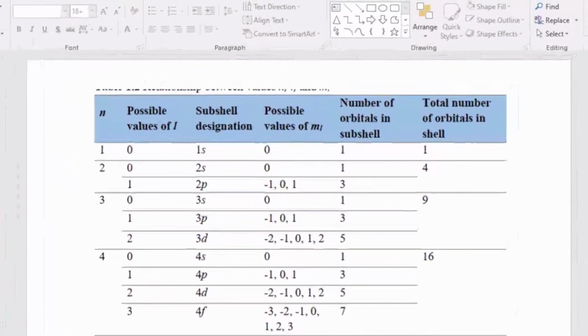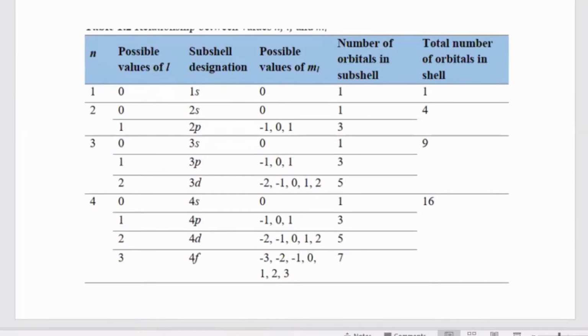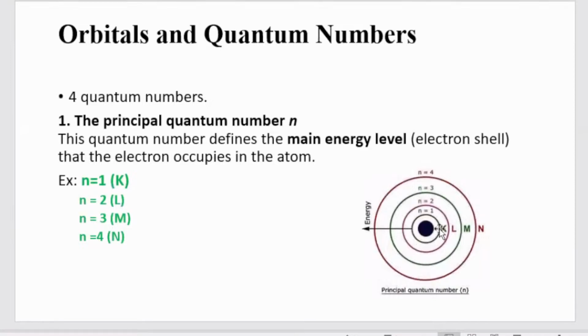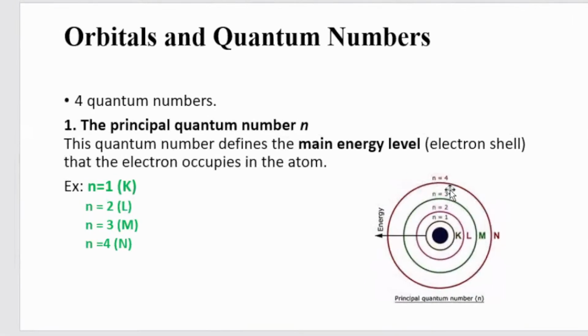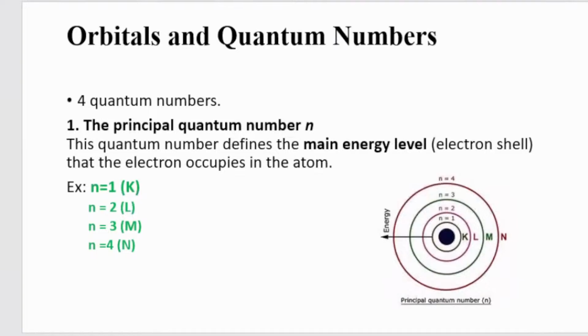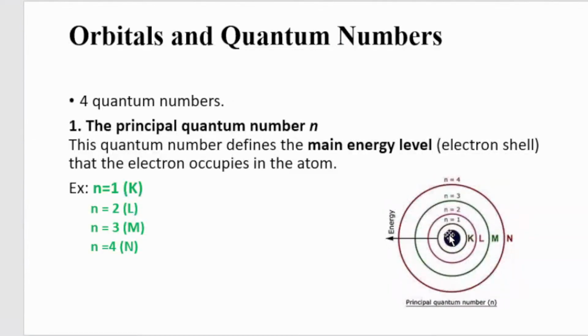So you all have learned the energy levels. Here there are four energy levels mentioned as 1, 2, 3, 4 or K, L, M, N. In the first energy level, only s orbitals can be occupied.